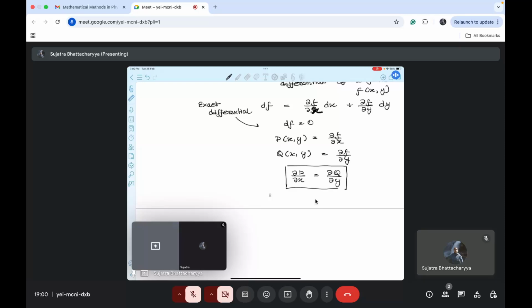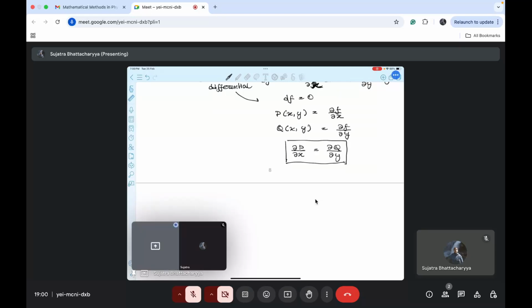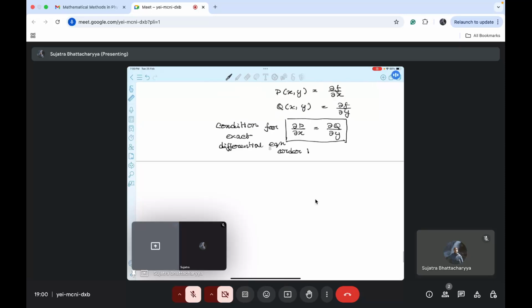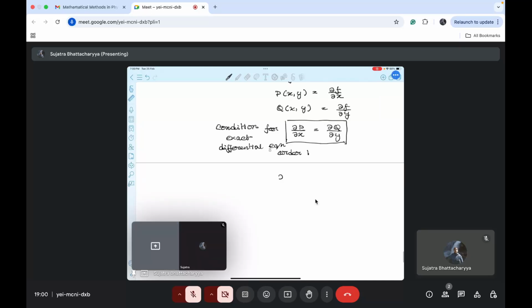If you just take the differentiation of delta p by delta y, it becomes nothing but delta square f by delta x delta y. So this is the condition for an exact differential equation of order 1, of course. I think I have written something wrong here.